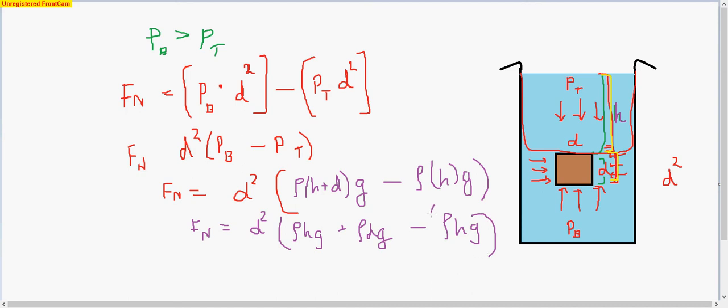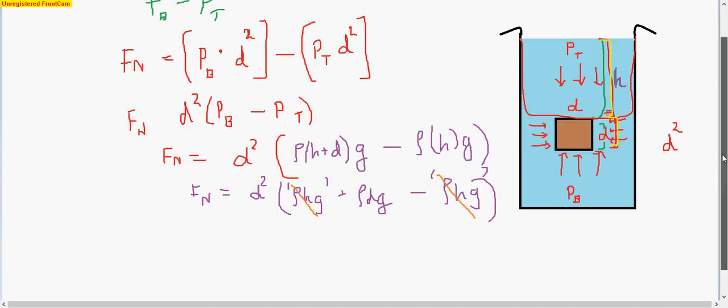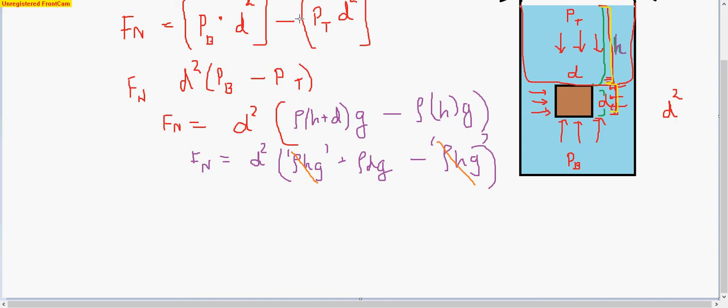Okay, as you can see, this and this, they are equal, so we can cancel them, right? We cancel them off. Okay, so I need some more space. I'll just scroll down, it's better.